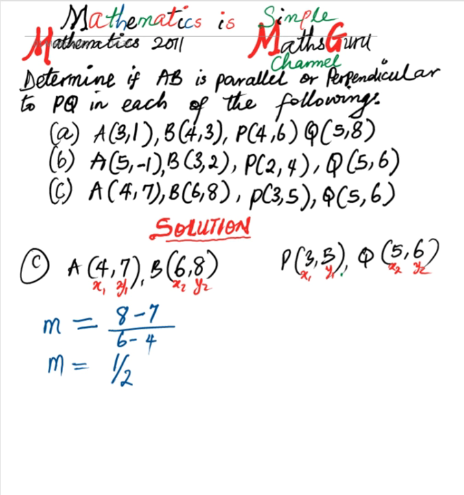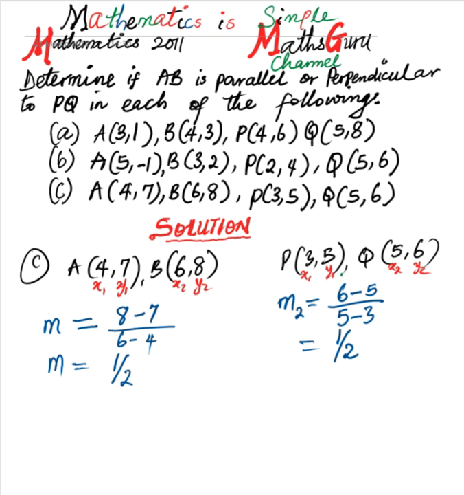Now let's represent the gradient of PQ with m sub 2. So we have y2 minus y1, which is 6 minus 5, over x2 minus x1, 5 minus 3. 6 minus 5 is 1, and 5 minus 3 is equal to 2.